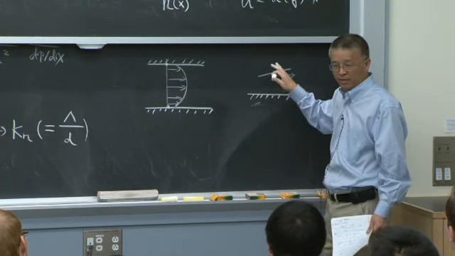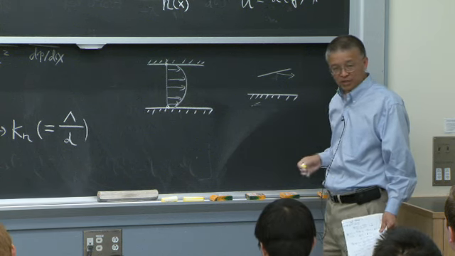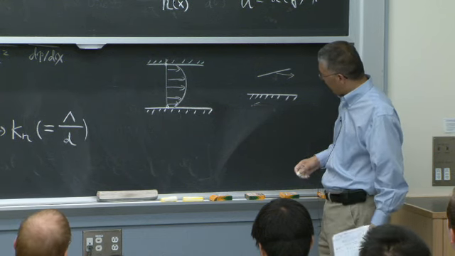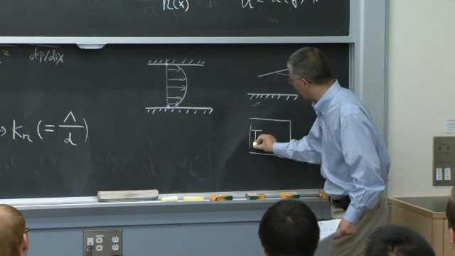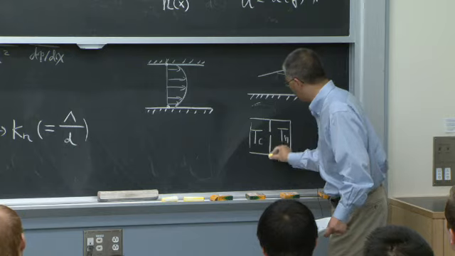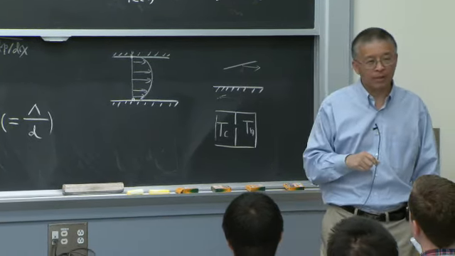And nowadays, they're still concerned because you still have a disk and you have a slider there. And finally, there is another problem. You can think about this. If I have T hot and T cold, and I have a small opening, this opening is smaller than the molecular mean free path.